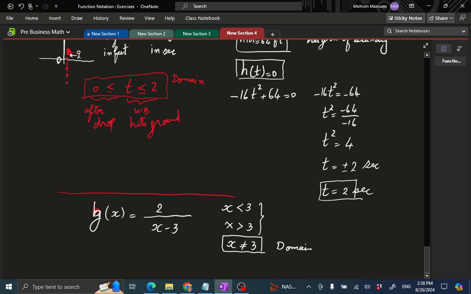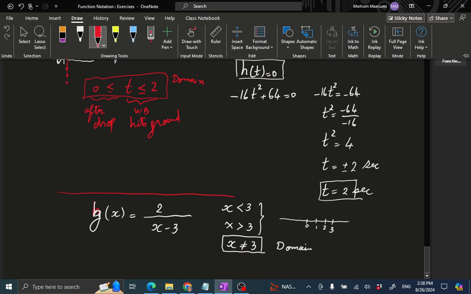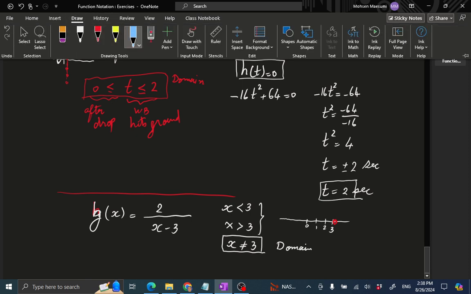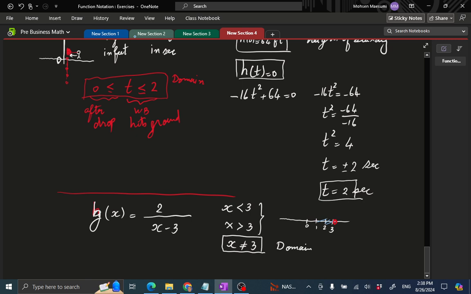If you want to interpret the domain in a picture, you can say on the x-axis go to 1, 2, 3, take that point and clip it off. Clipping it off, sometimes they show it by a little circle, and then you're allowed to be on the left or on the right, but not on the red area.